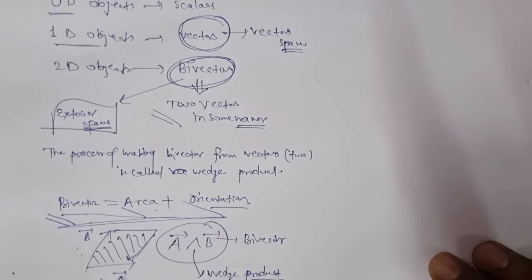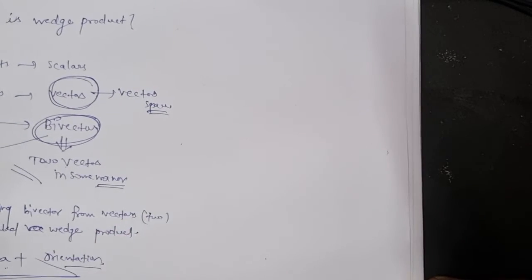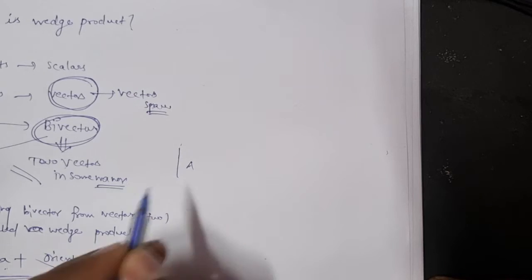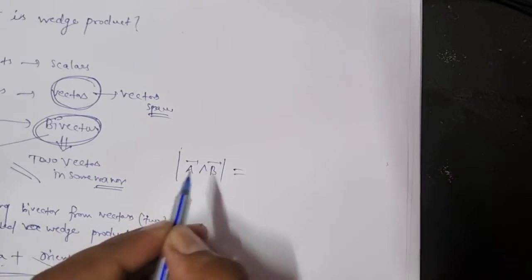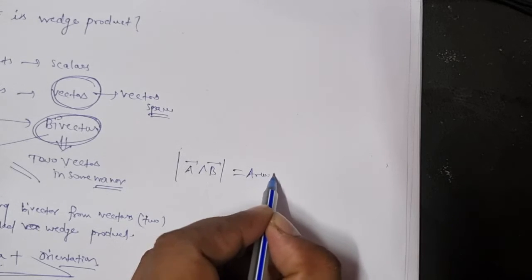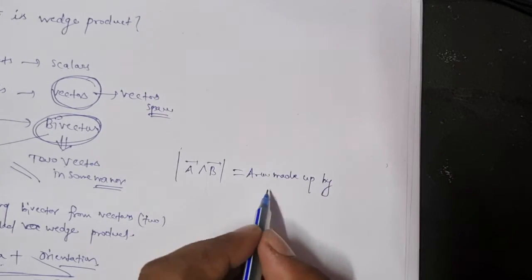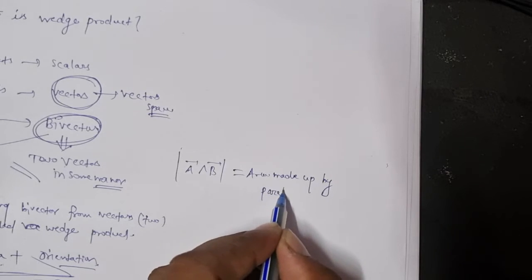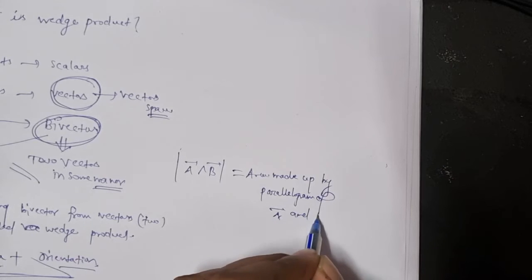If someone asks about the magnitude of vector A wedge B, this will be the area made up by the parallelogram of vector A and vector B.